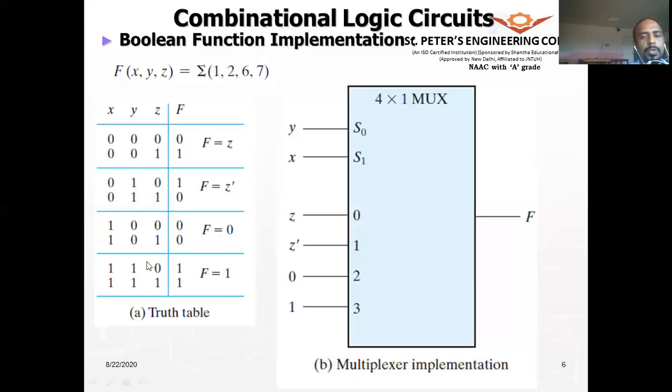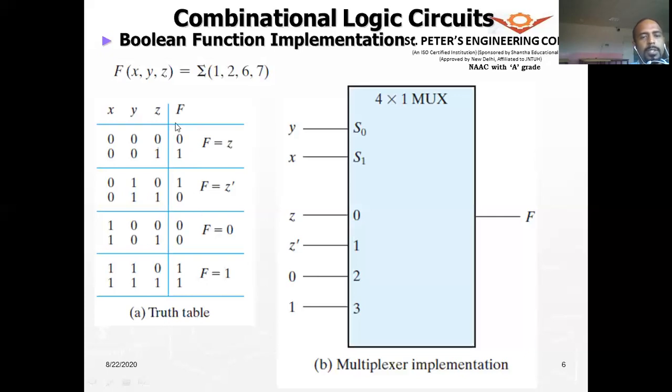So we are going to use X and Y as select lines. Though we require 3 inputs and 1 output for this function realization, we use X and Y as select lines and Z as input data to get the output. Thereby, we have realized the 3 input Boolean function by using this multiplexer.